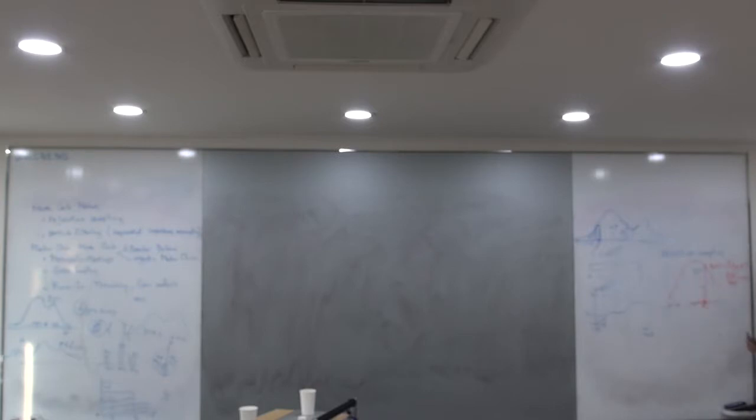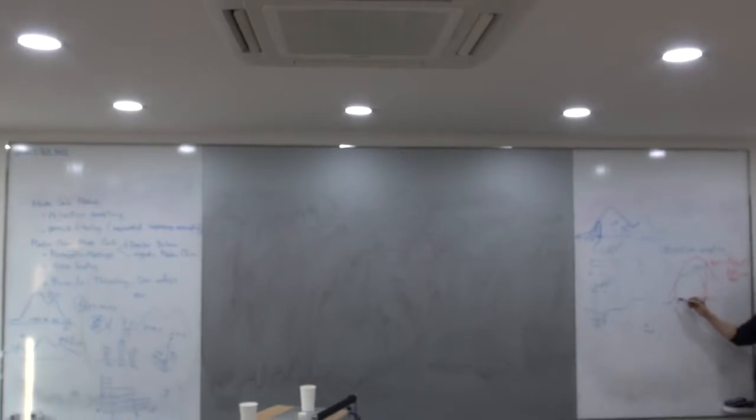The red one always has to cover the blue one, which means this case is not allowed. The blue one has to be below this red distribution. But you know that's impossible because every probability distribution function has to be integrated to 1.